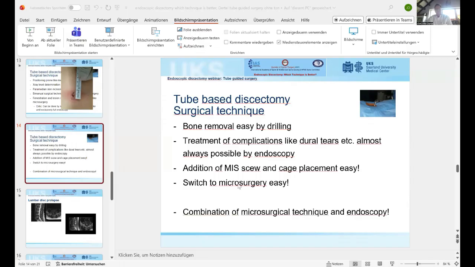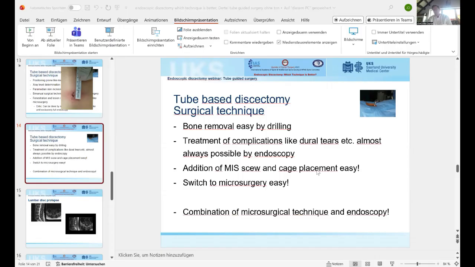And you can add MIS screws and cages if indicated. This is not part of my talk today, but we have done a lot of endoscopic TLIFs now, where we do the endoscopic decompression, put in the cage under endoscopic view, and then do the MIS fusion through the same skin incision. So we can do a two-level, two segments, so three vertebral body fusion.